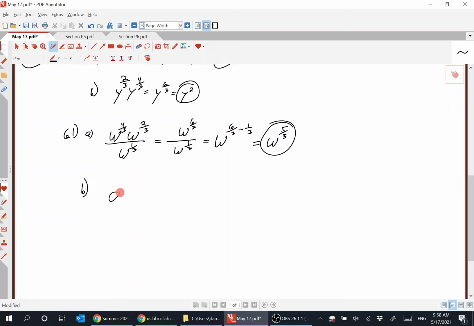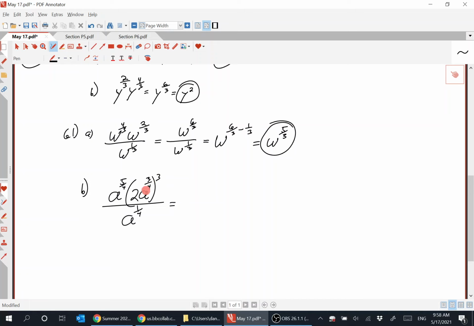So a to the 5/4 times 2a to the 3/4, that whole thing to the third. And then a to the 1/4. All right, first, let's take this exponent 3 and distribute it through here.